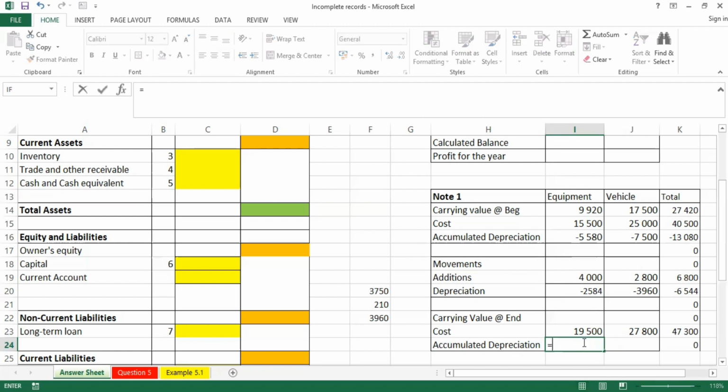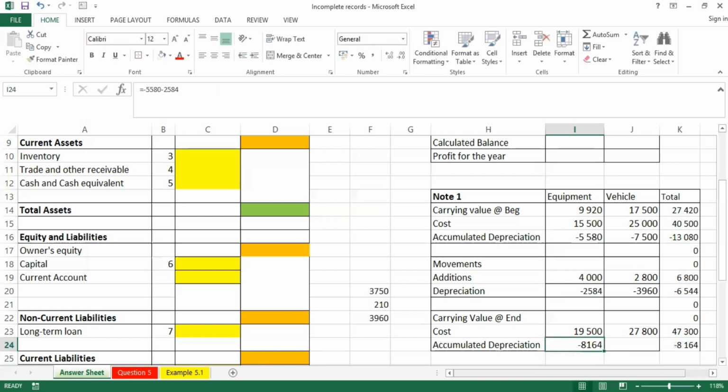So let me just square this to this, minus 2, minus 18, minus 2584.